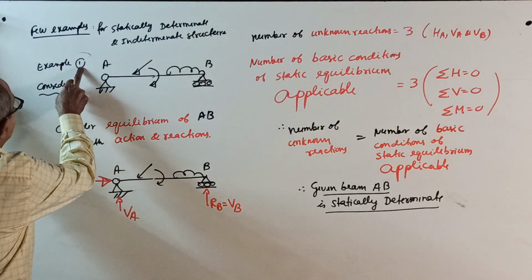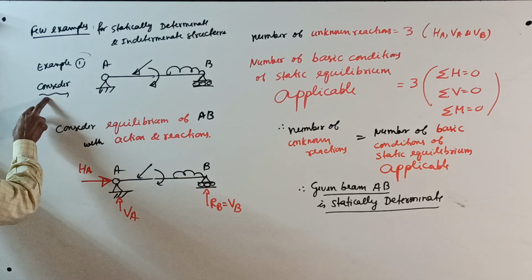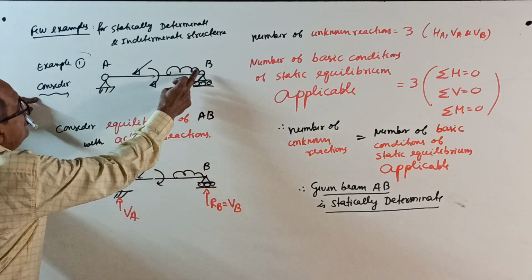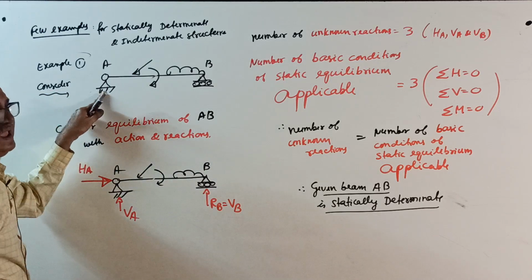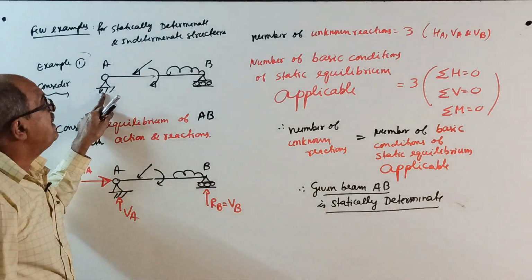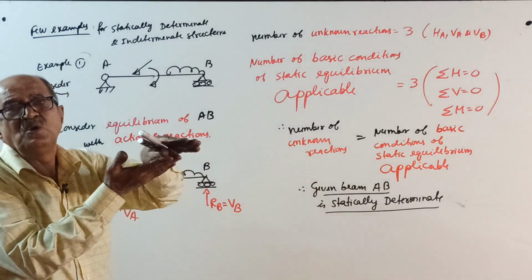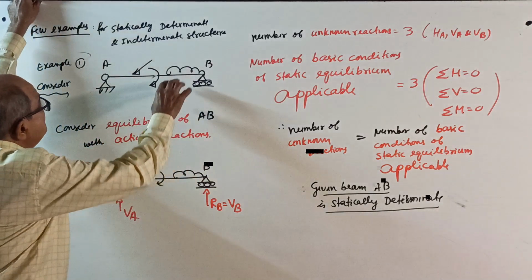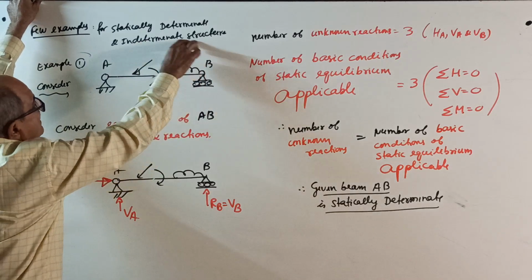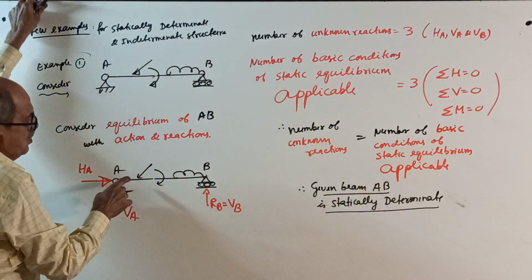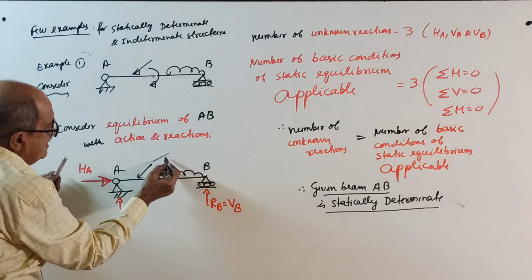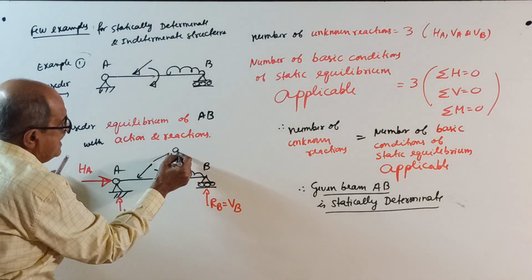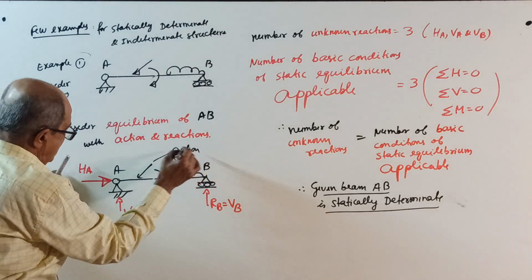Okay, right. Example 1. You should write the statement. I will dictate. Consider a beam AB where A is a hinged support or pinned support, and B is placed on a horizontal roller, subjected to some load system. See, some load system. I told you already, this one is action.